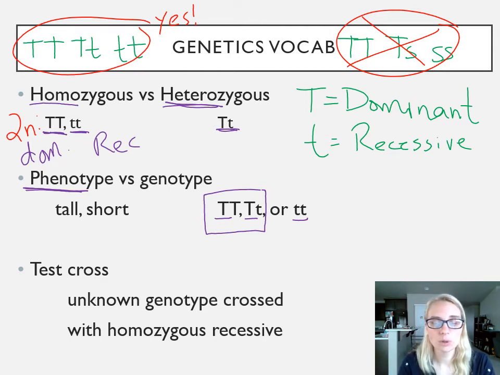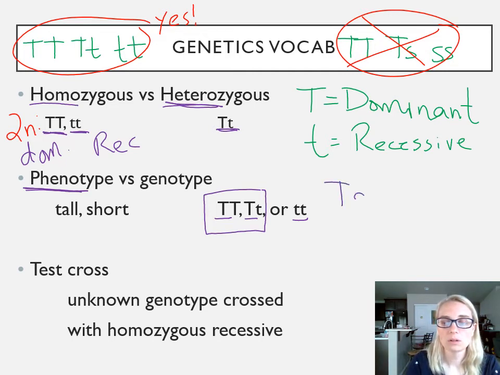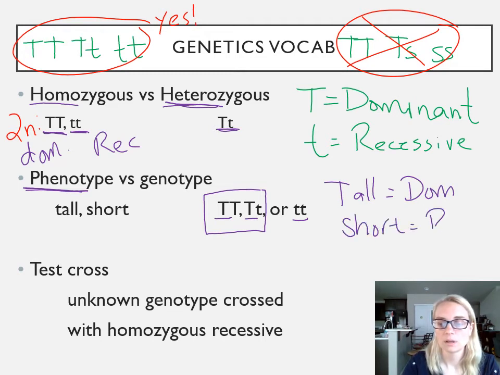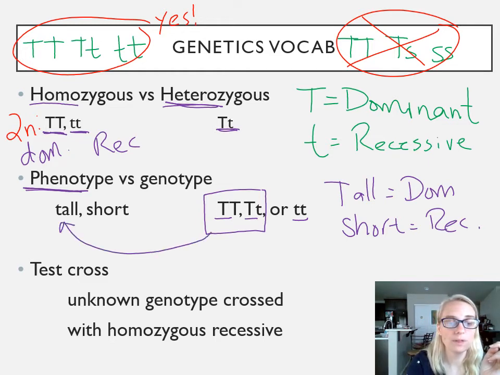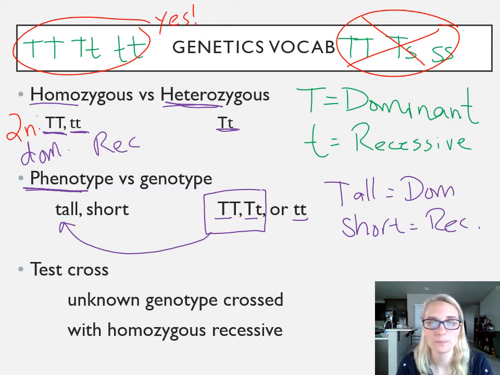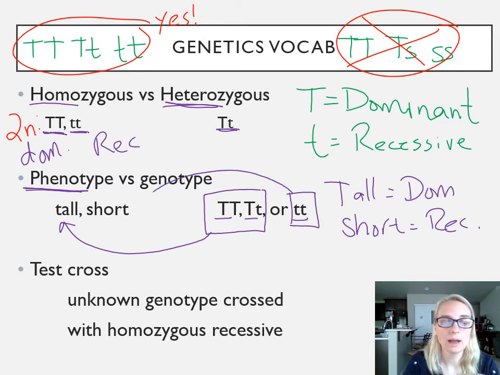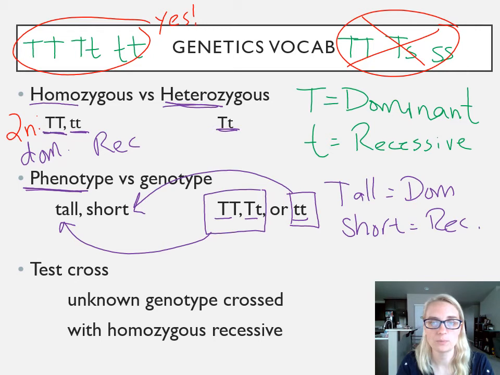So let's say in this particular example, tall is dominant and short is recessive. If you have either homozygous dominant or heterozygous, both of them will have the tall phenotype. If you happen to have homozygous recessive, or little t, little t, you will have the short phenotype.